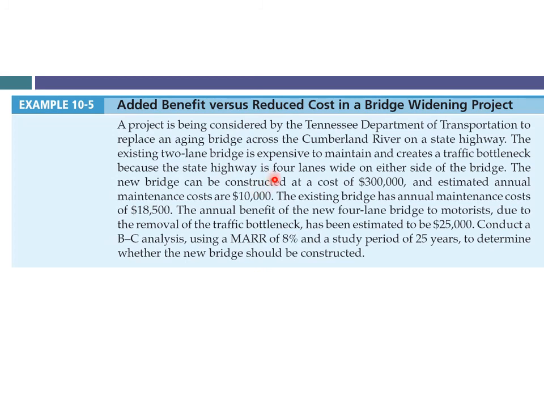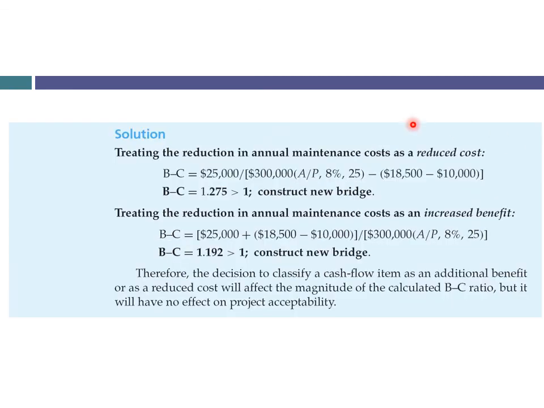So again, we will use the conventional BC ratio method with the annual worth method. This is the annual worth of the benefits for the new bridge. This is the capital investment and we find its annual worth. And you see this was the old bridge operating maintenance cost and we are subtracting it.